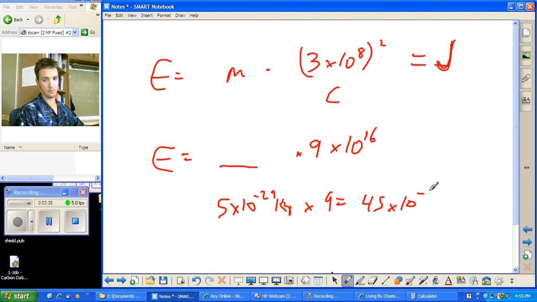It's negative 13. Scientific notation, 4.5 times 10 to the negative 12, because we moved it the opposite way of what the exponent is doing.